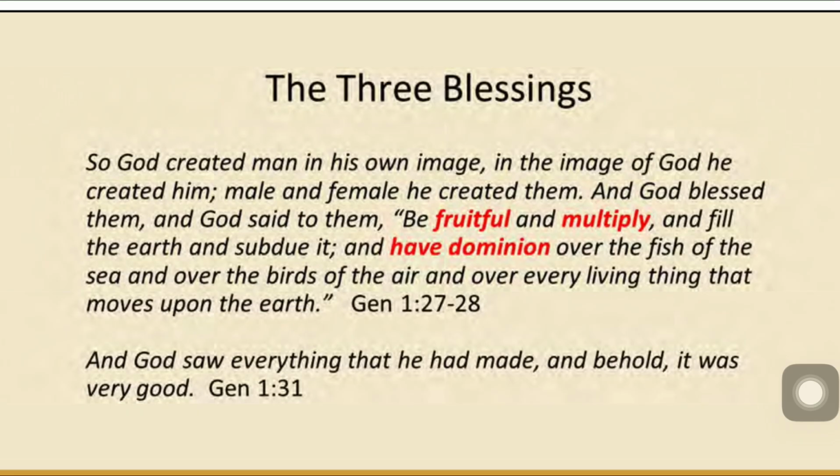So God created human beings, and He blessed them. Blessing means biyaya in Tagalog. God gave human beings this blessing that they have to be fruitful, multiply, and have dominion.